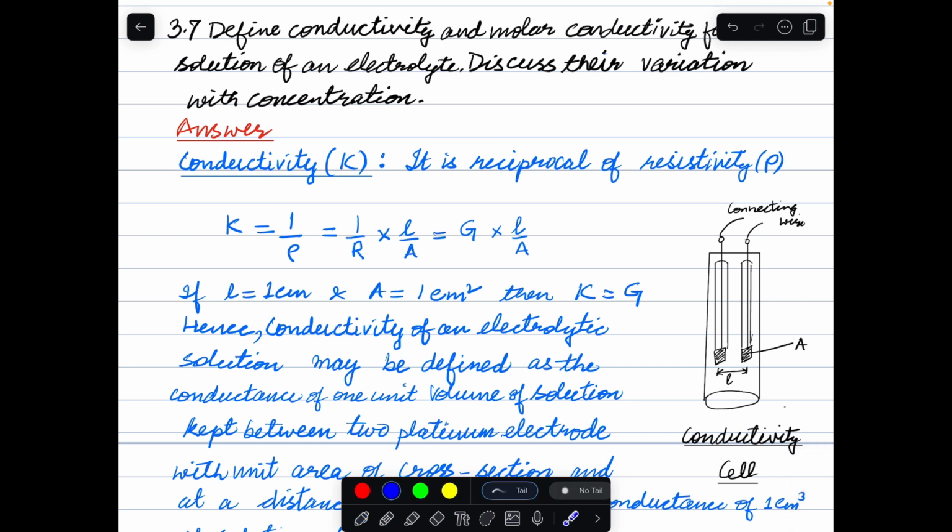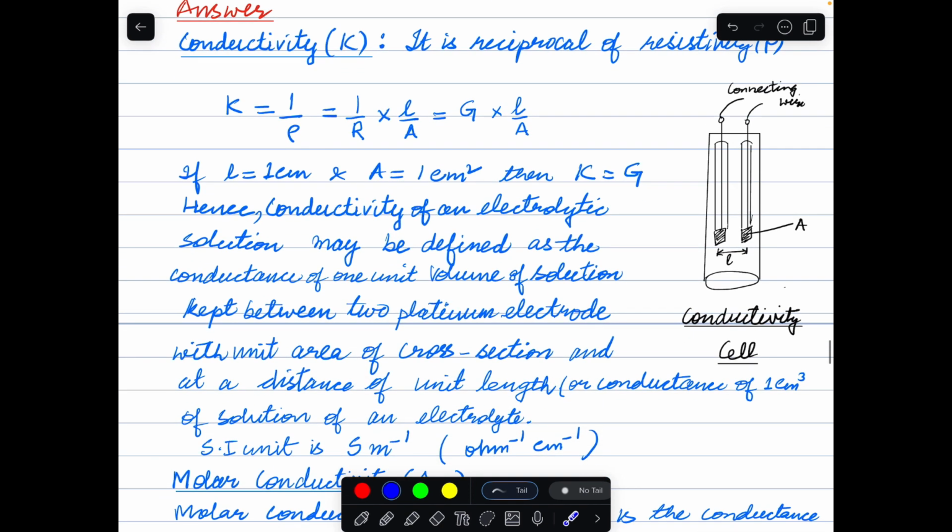Here it is given: define conductivity and molar conductivity for a solution of an electrolyte and discuss their variation with concentration. First we have to define conductivity. Before defining the two terms, have a look at this apparatus. Here we have given you the arrangement to find the conductivity, molar conductivity, resistance and resistivity of any electrolyte solution. This is called a conductivity cell.